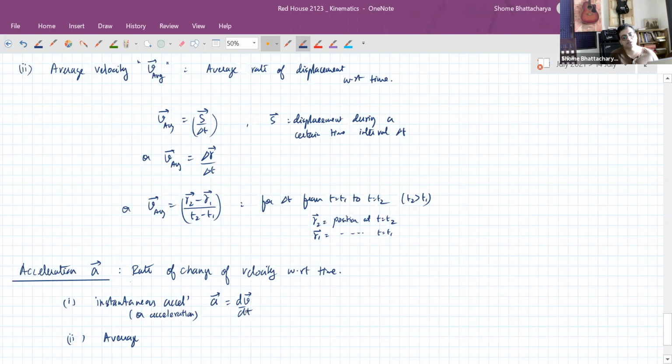So the default meaning of the term acceleration is instantaneous, whereas the special case is when we are taking average acceleration. So for that we have the separate symbol A average. So that is delta V by delta T, or V2 minus V1 upon T2 minus T1.